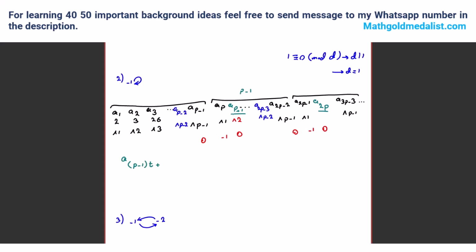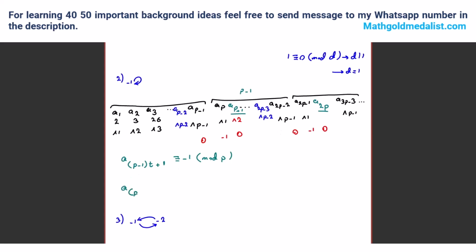If t is 1, it is p. If t is 2, it is 2p minus 2 plus 1, so it will be 2p minus 1. They are negative 1, okay, mod p. And because from negative 1 we reach negative 1, again we reach negative 1, and so on.